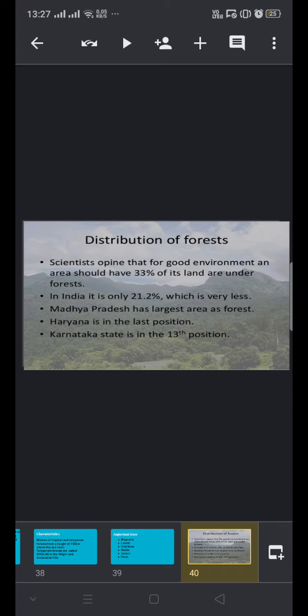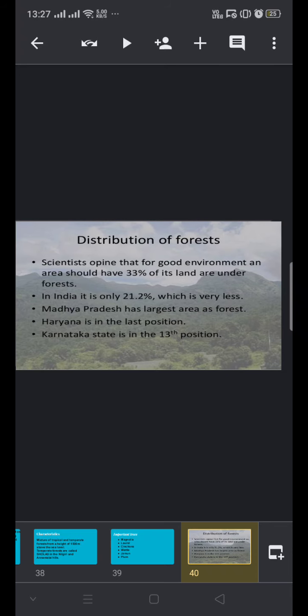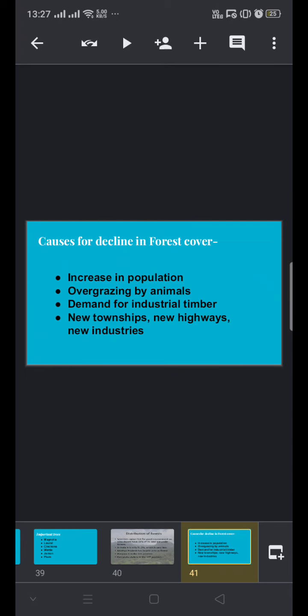Now, causes for the decline of the forest cover. Why is the forest cover declining in India? Increase in population. Now, how is this increase in population related to decline in the forest area? We need more food, so we have cleared the forest to bring more land under the crop.